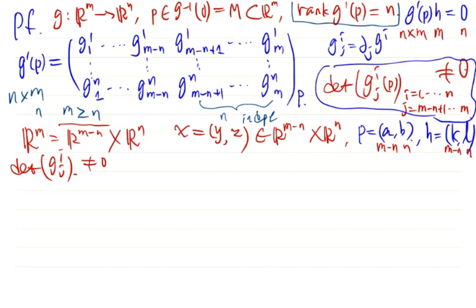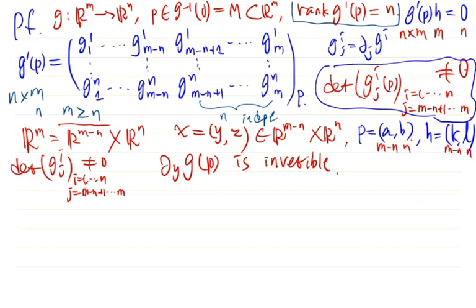Here, i from 1 to n, j from m minus n plus 1 to m, means that the derivative of G with respect to the last n variables at the point P is invertible.